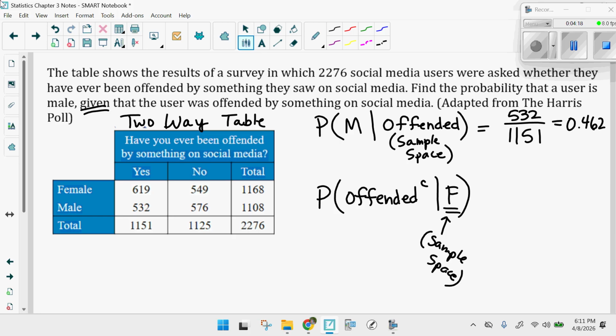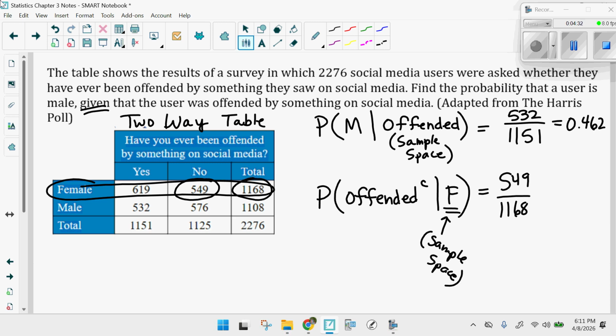So here's my females. And how many of those were not offended? That would be 549 over 1,168, which is going to give me a probability of about 0.470.